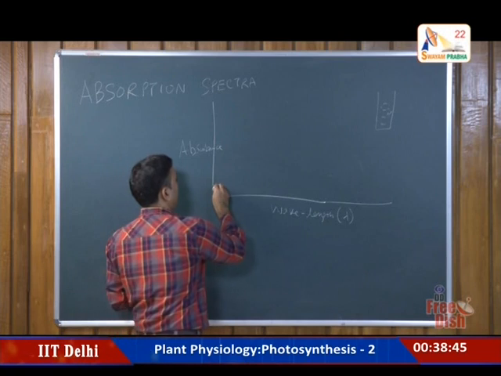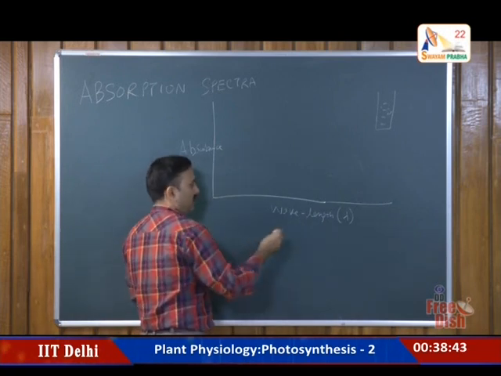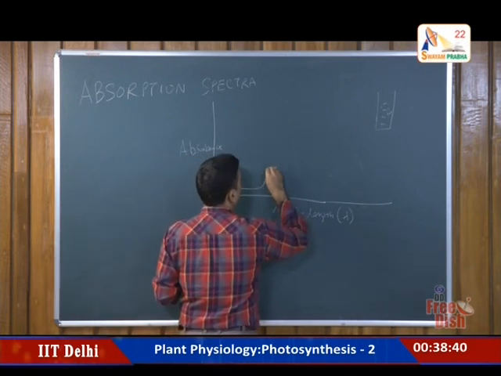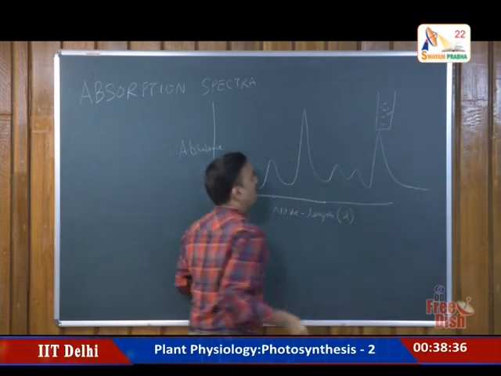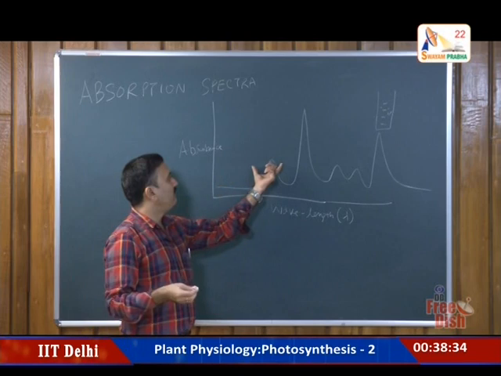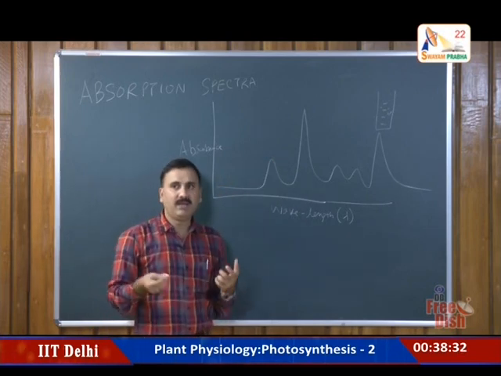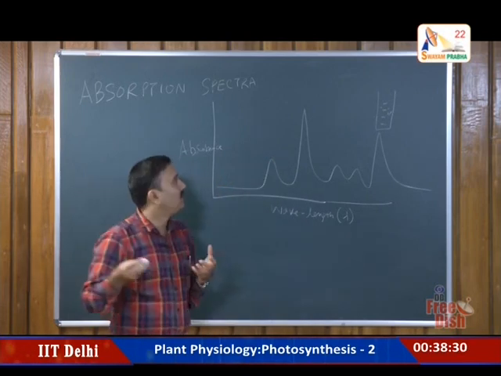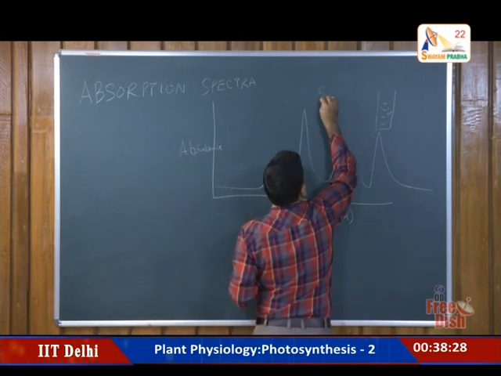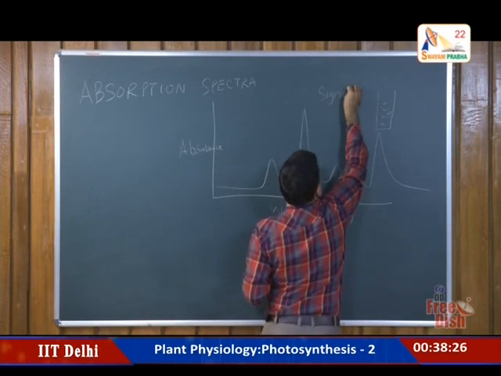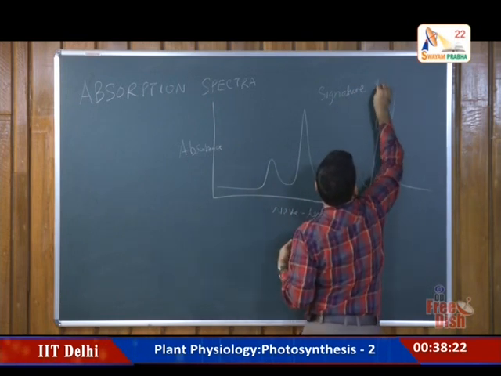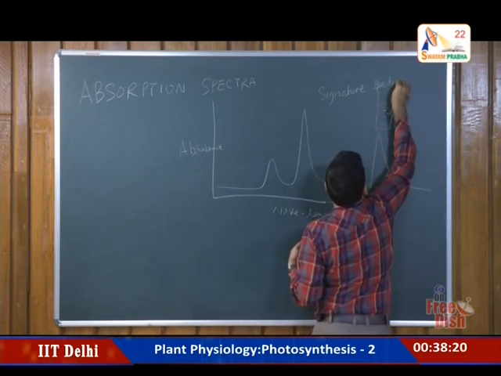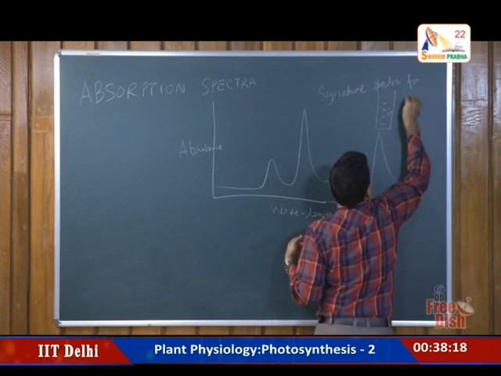So, if you take the particular spectra, what you will see is a pattern like this. Okay? And this particular pattern is going to be a signature pattern for the particular molecule, signature spectra for a pigment.